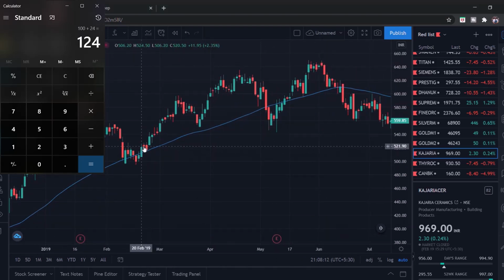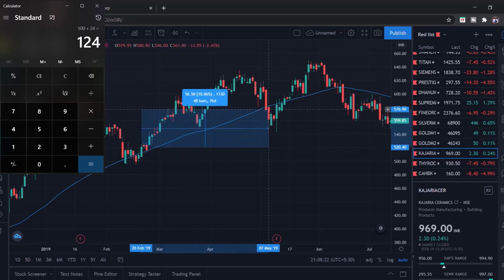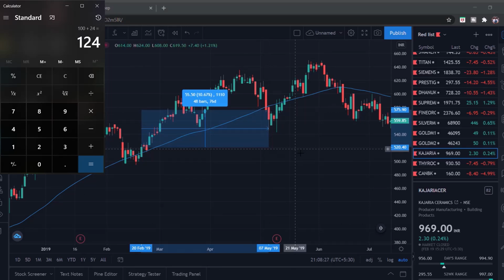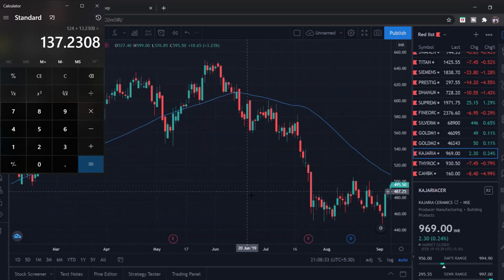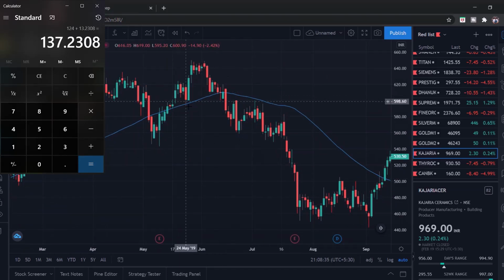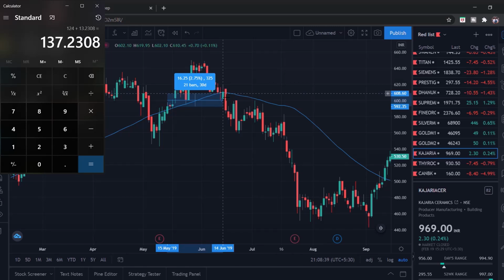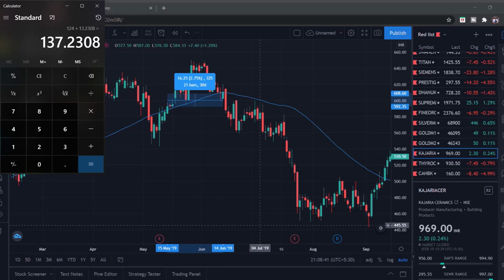Again we will re-enter over here, and we exit with 10.67%. So we'll add that plus 10.67%. Alright. Now again we will re-enter over here and exit over here with a profit of 2.75%.